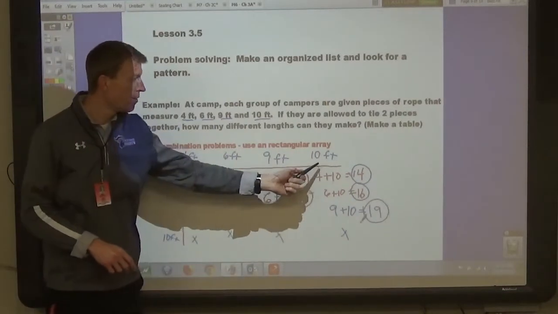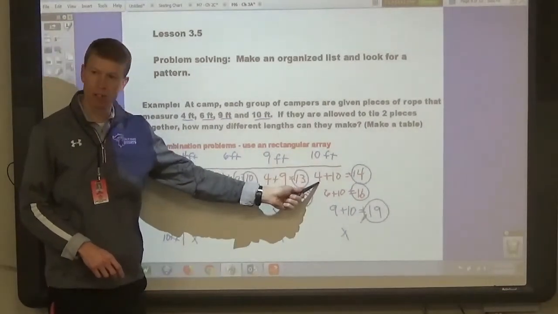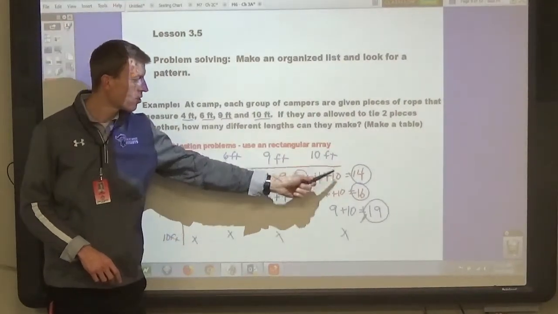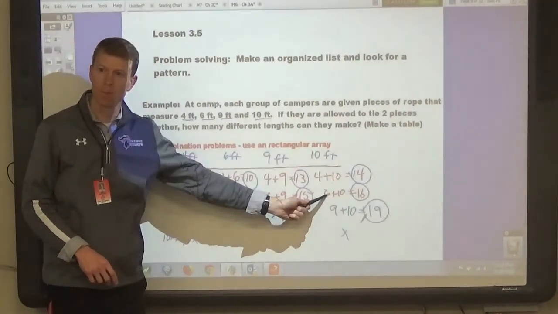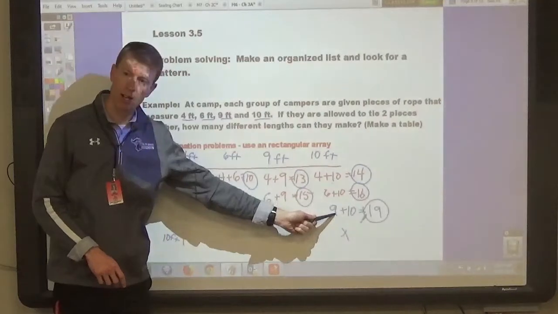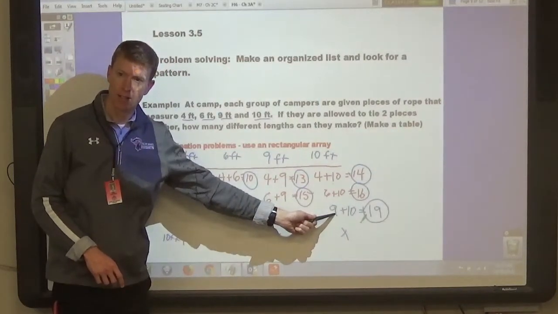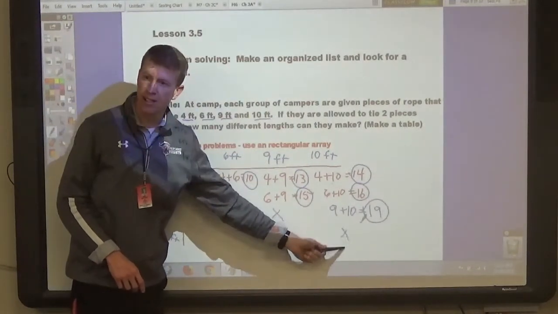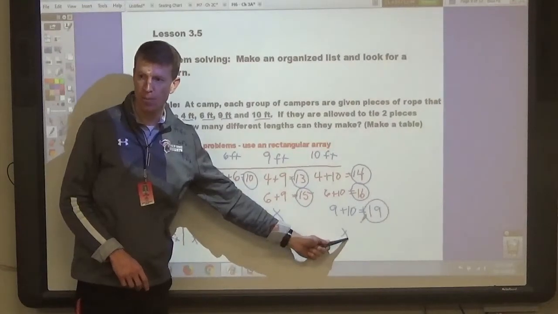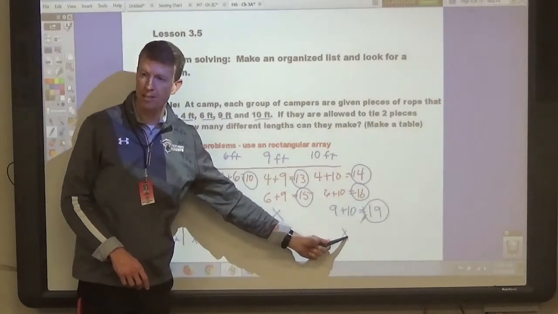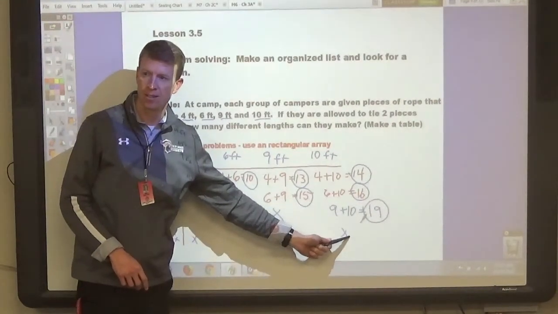Right, because what we've done is we've attached the 10-foot to the 4-foot. We've attached the 10-foot to the 6-foot. And the 10-foot to the 9-foot. So, we put an X here to show that that's not a possibility. Alright?